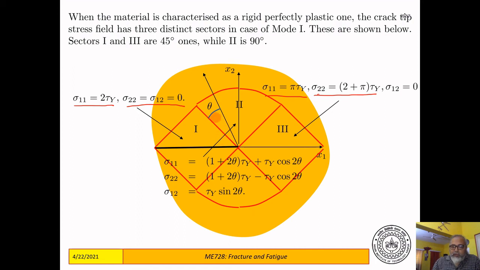In between, you have this fan region where the stresses are varying in the beta directions, and they're varying in this manner. You can easily figure that out from the solutions. So they are varying in this manner. Since this is a mode 1 problem, you have exactly the same stress fields below and above the crack tip. Now let us look at a mode 2 case.